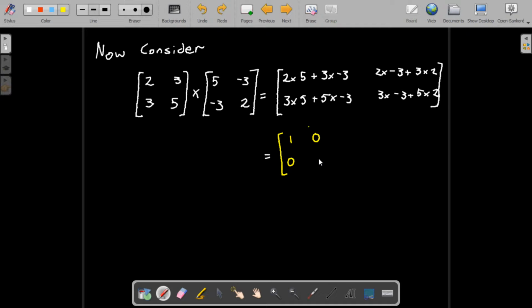And over here is a similar case, we'll get 1. So you should notice we've got a special matrix here: 1, 0, 0, 1. Recall that that is actually our identity matrix. We've got 1s along the diagonal and 0s everywhere else.